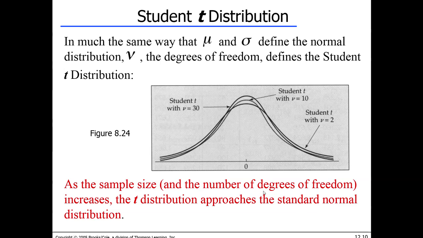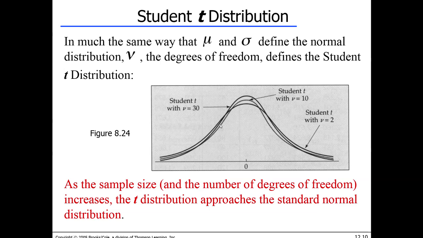I find this picture a very nice illustration. You can see how the shape changes as you change the sample size. Here is 2 degrees of freedom, the lowest curve. Then you increase the sample size to 11, so the degrees of freedom is 10.